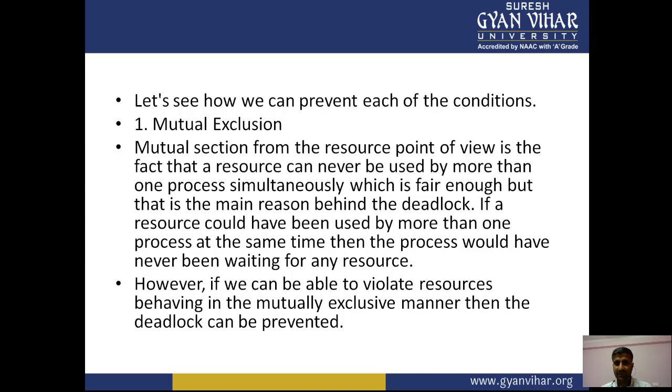If the resource could be used by more than one process at a time, then no process would ever have to wait for a resource. If we can allocate the resources to the processes, then no process waits, which means mutual exclusion is not in effect.